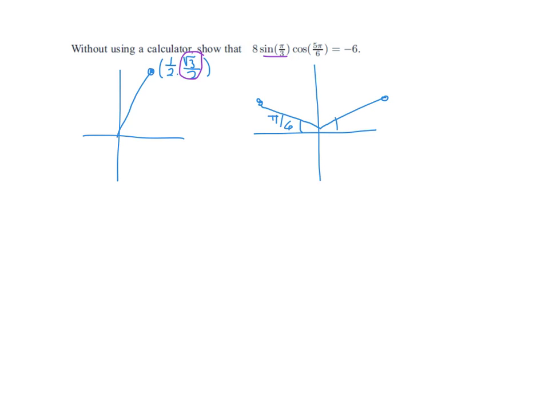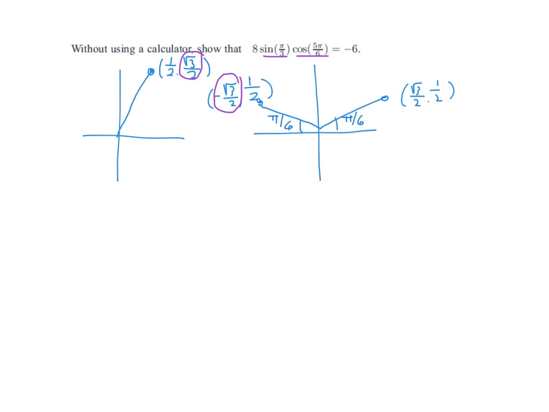Pi over 6 on the first quadrant is equal to square root of 3 over 2 and 1/2. So applying that onto the opposite side, we know it must be negative root 3 over 2, and half. Since we're looking at the cosine, it means it's the x value. So negative square root of 3 over 2 is cosine 5 pi over 6.